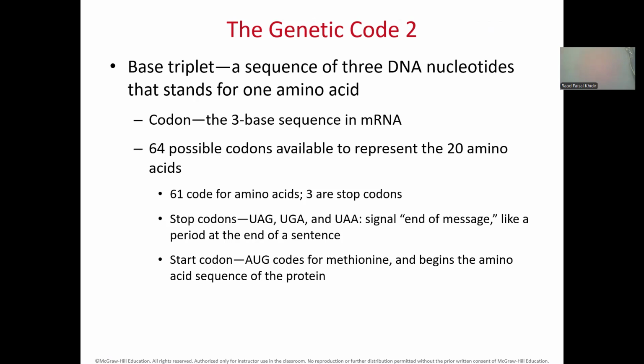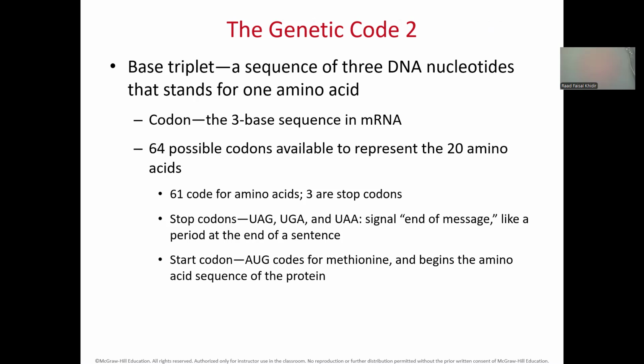Say you are supposed to have TAG, but by a mistake the T was removed and a U was placed there. When the ribosome is reading, it now reads UAG. What's going to happen? We're going to stop the translation. That's the end message signal, like a period at the end of a sentence.